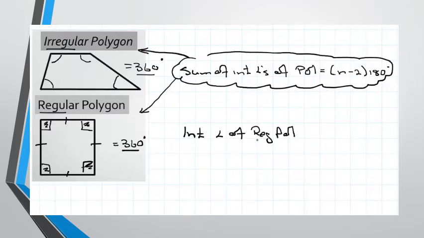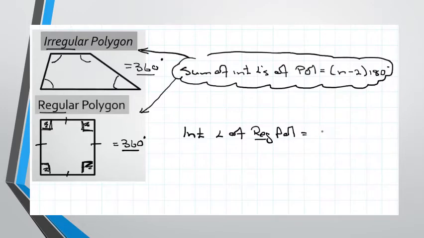Now guys, because all the angles have to be the same, one thing that we have to see is that the number of interior angles is also the same as the number of sides. 4 sides versus 4 interior angles, and that's nice to know in all regular polygons, that the number of sides also represents the number of interior angles.